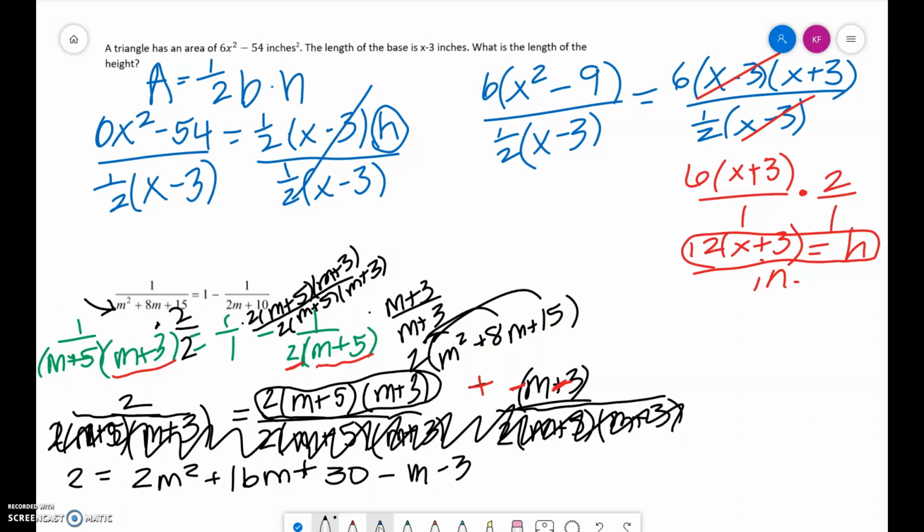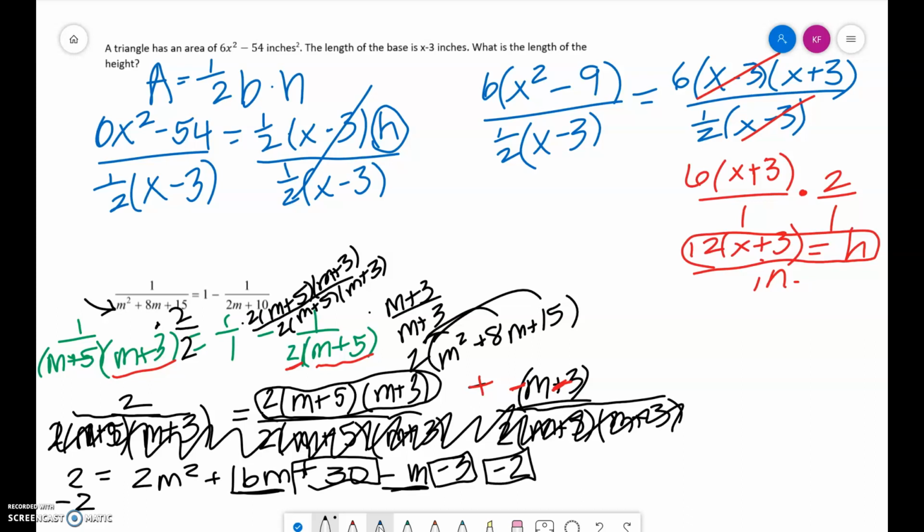So what I should do is get my 16m and my negative m and my positive 30 and my negative 3 to combine. We also need to subtract over the 2 to set it equal to 0.